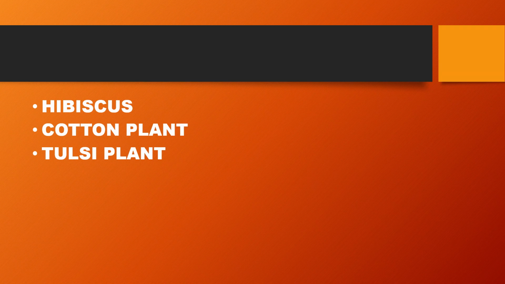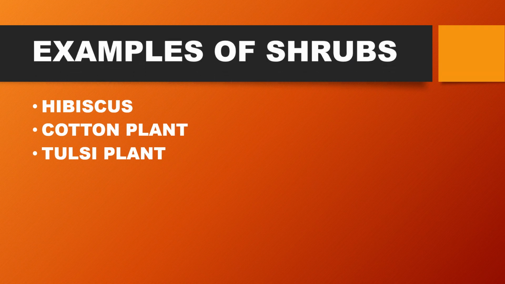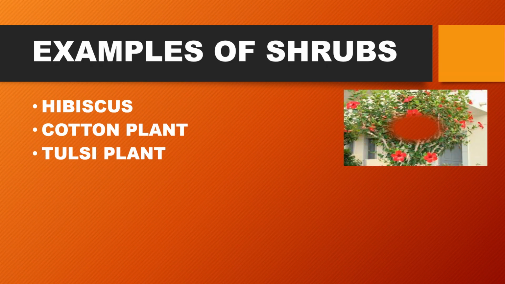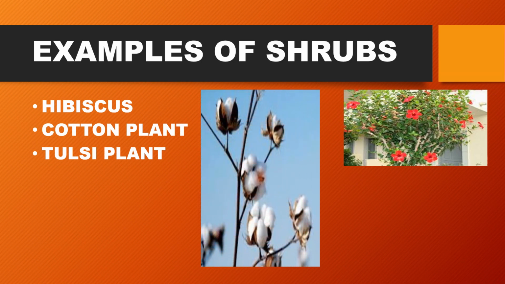So children, some more examples of shrubs are hibiscus. This is a hibiscus plant. Hibiscus is also a small plant and it has a thin stem. What type of stem? Thin and woody stem. The next is cotton.